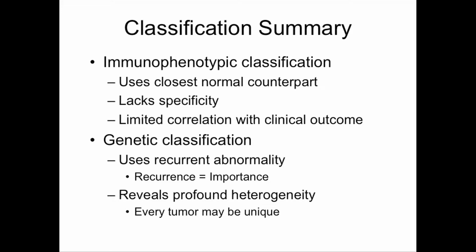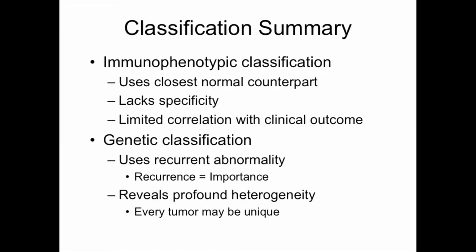So what we can say in terms of classification overall is that immunophenotypic classification uses the closest normal counterpart as the way to structure or classify these subsets of disease, but it lacks specificity in terms of clinical outcome, and the correlation with clinical outcome is at best limited, and most of the information really comes from the underlying genetic lesions. So increasingly, people are moving away from immunophenotypic subclassification.